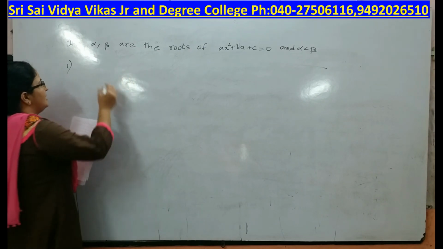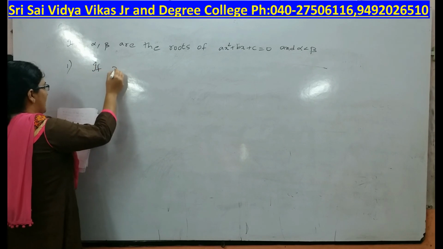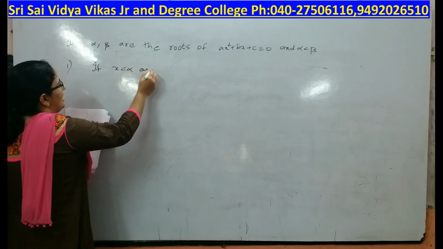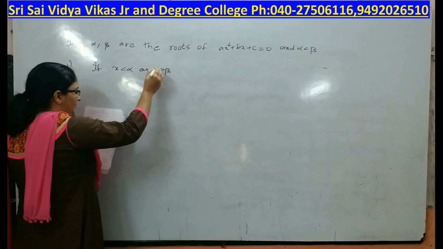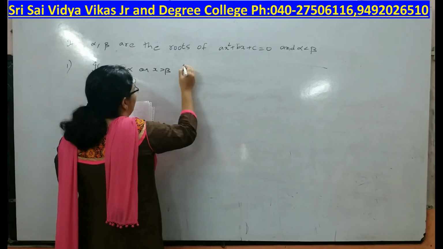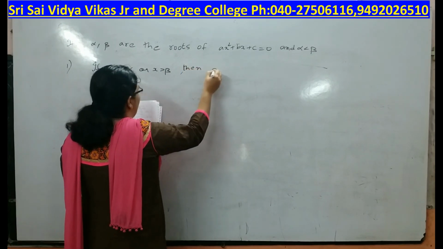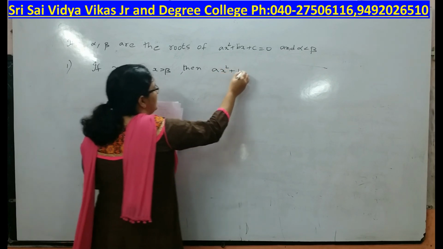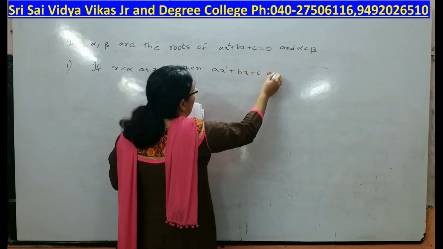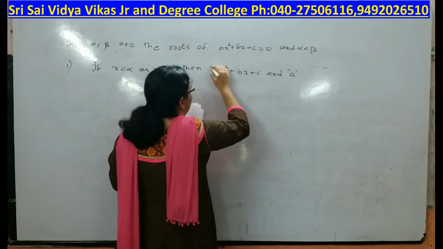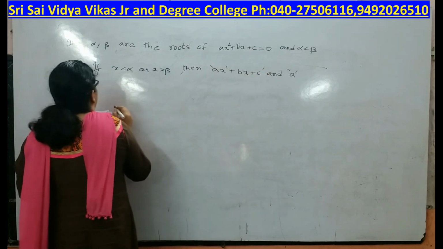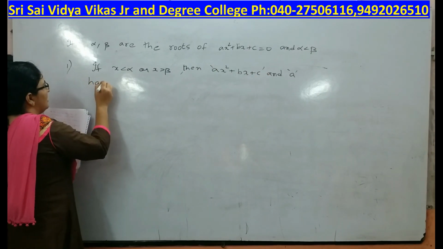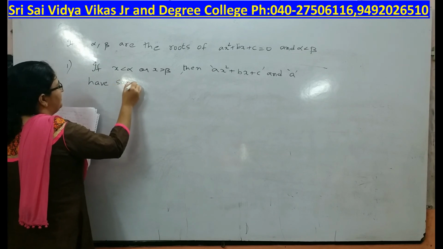In that case, if x is less than alpha or x is greater than beta, then ax square plus bx plus c and a have same sign.